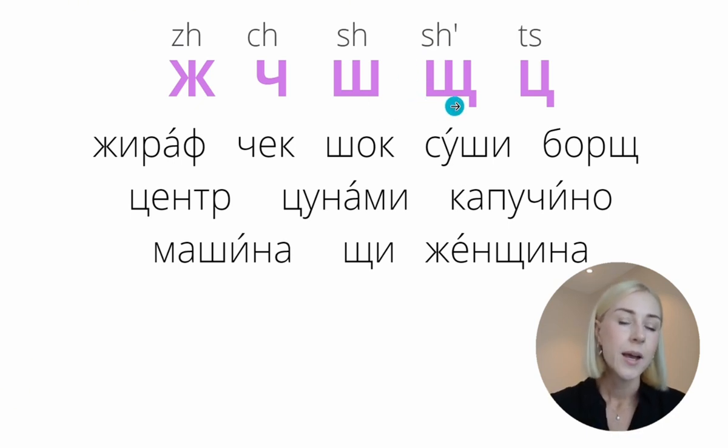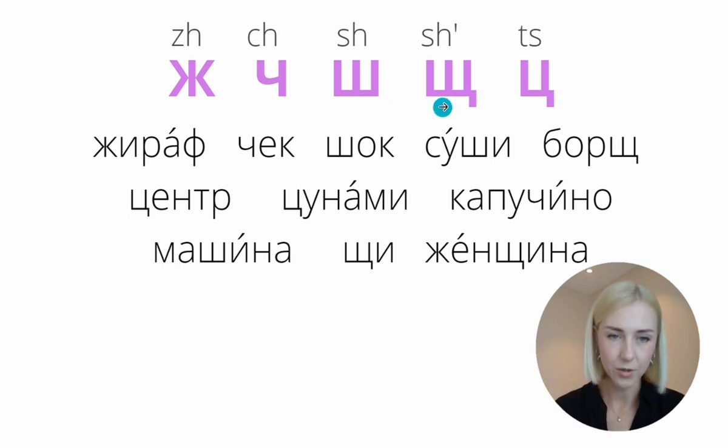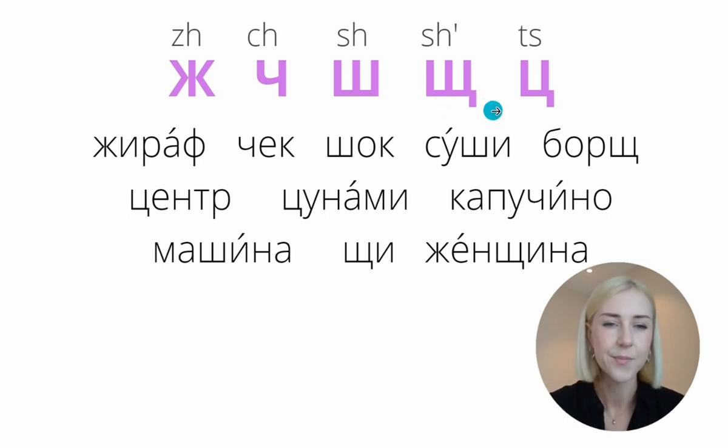This one is pronounced the same way, but it sounds a little bit softer. So this one is sh. And this one is sh. Okay? The difference is tiny. And the last one is ц. ц. Okay, let's read. Хорошо.